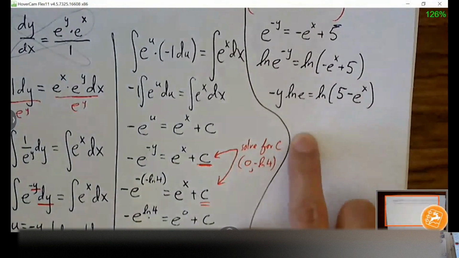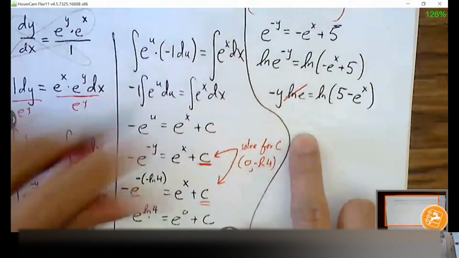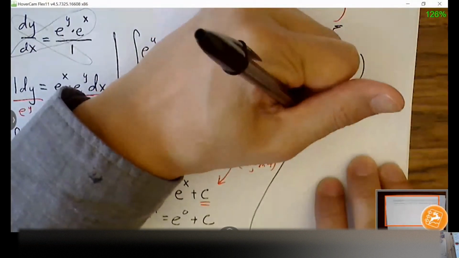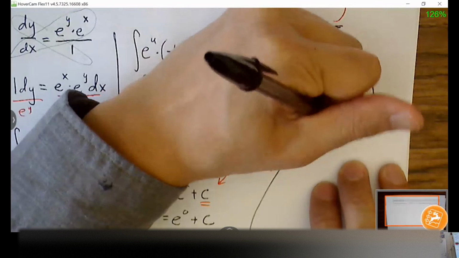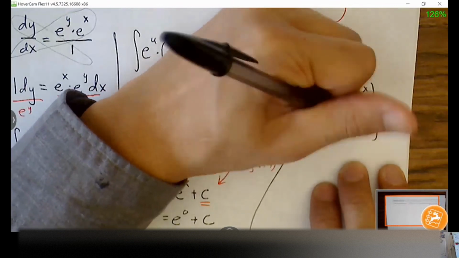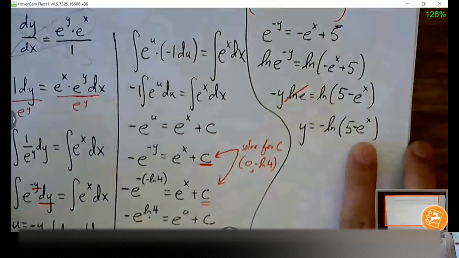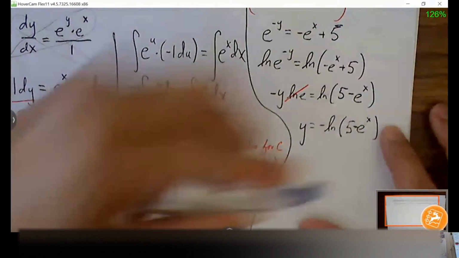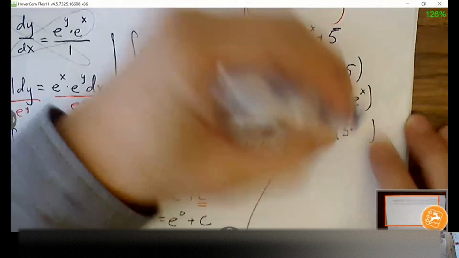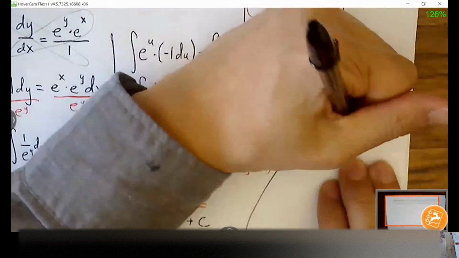Well, we know natural log of e is just 1, so we can make that drop out. Move the negative over. Okay, sorry. So I guess the answer choice does not have the positive term first, but I just like to write it with the positive term.